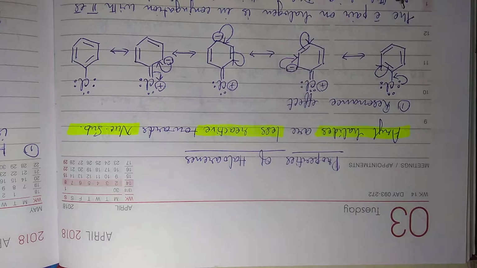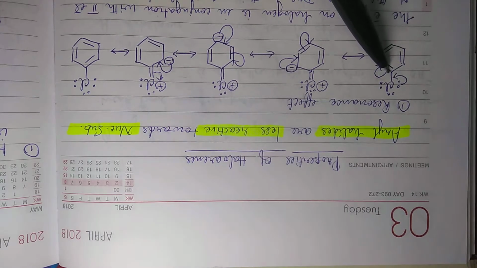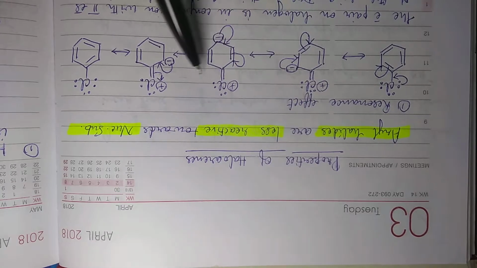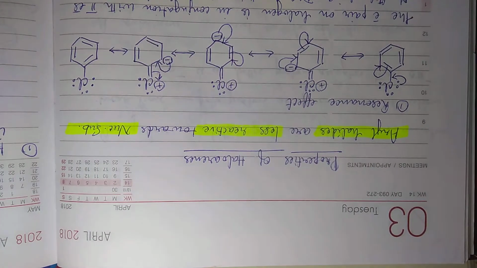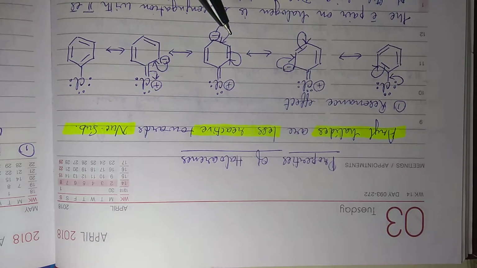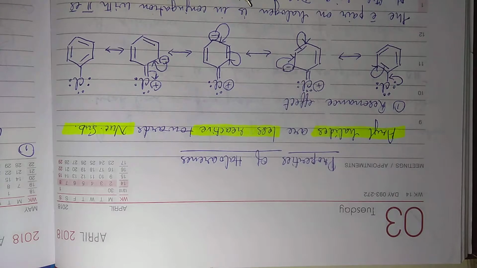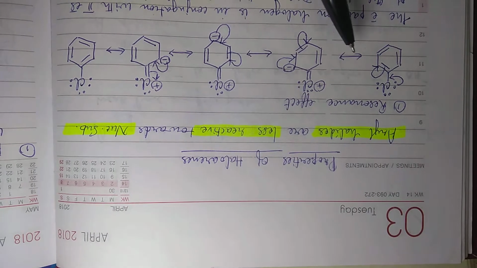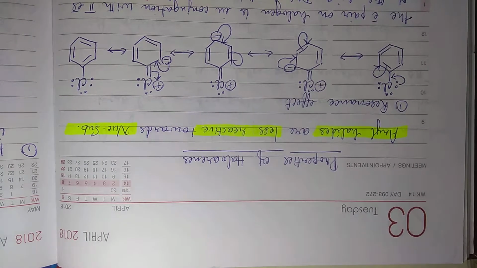And because of that, this C-Cl bond is getting a partial double bond character. Now because of the partial double bond character, you know that greater the number of bonds between any two atoms, stronger is the bond, is it not? So this will not break easily, right?